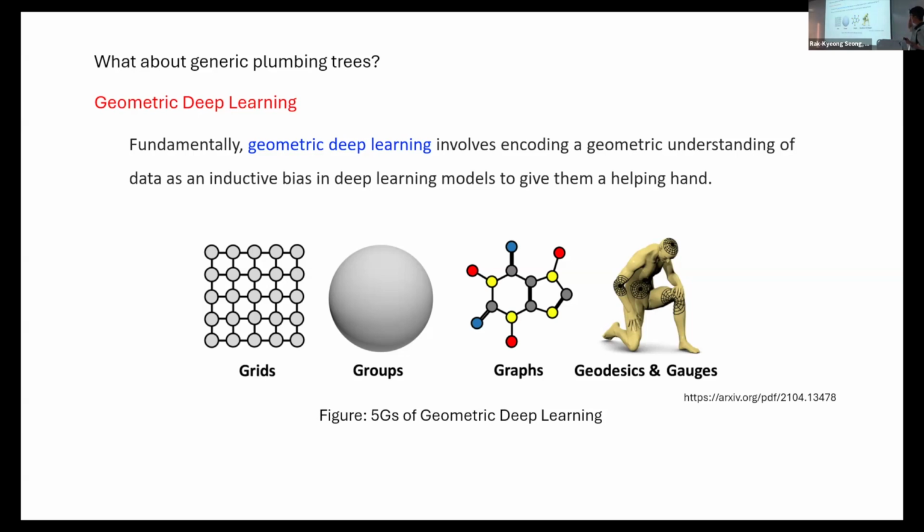Fundamentally, geometric deep learning provides a way to encode the geometric understanding of data, like grids, groups, graphs, geodesics, and gauges. They are called the 5Gs of geometric deep learning. But in our case, we are dealing with plumbing graphs, so it is natural to use graph neural networks.